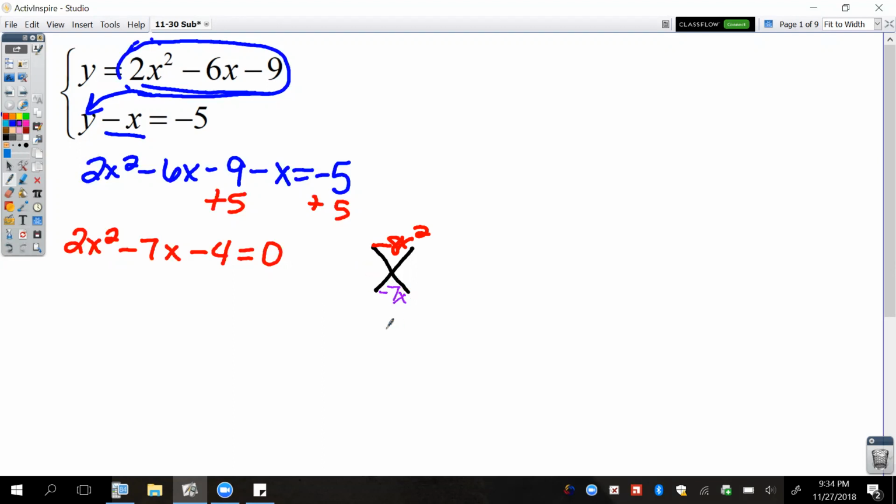My factors of negative 8 are 1 and 8, 2 and 4. My goal is to see, can I combine to get a negative 7 and multiply to get a negative 8? If I do positive 1 and negative 8, that gives me negative 7 as well as the negative 8. So this is going to be 1x minus 8x.